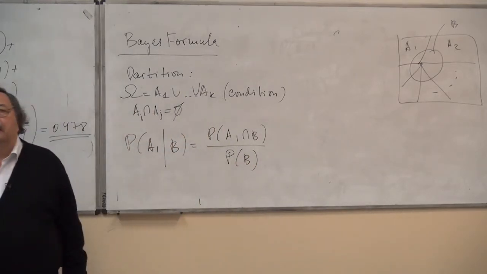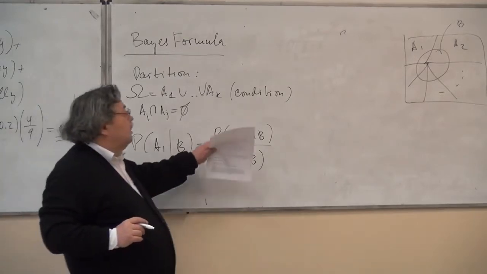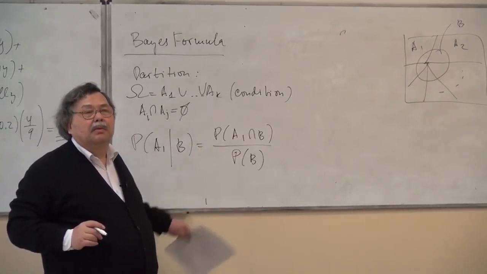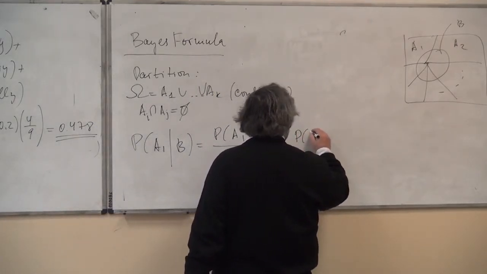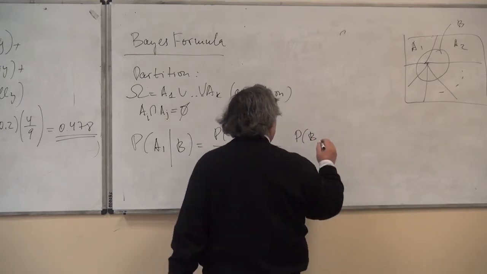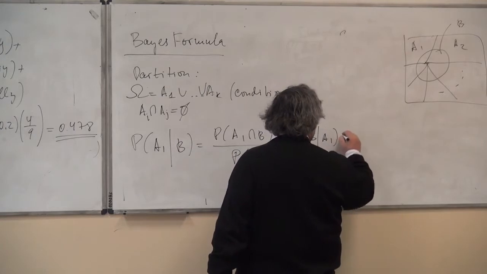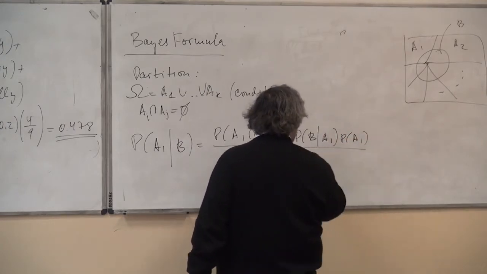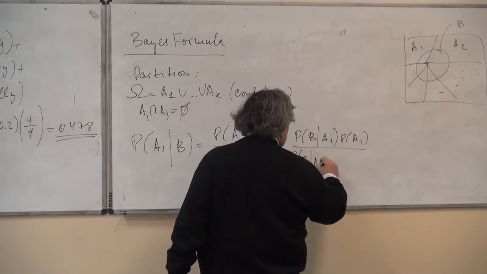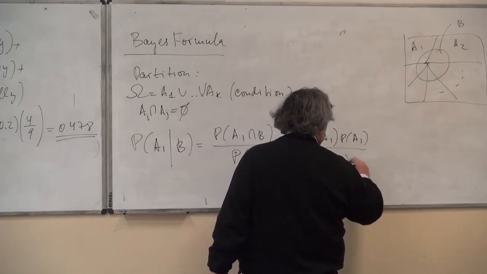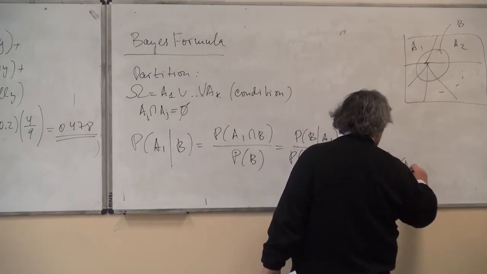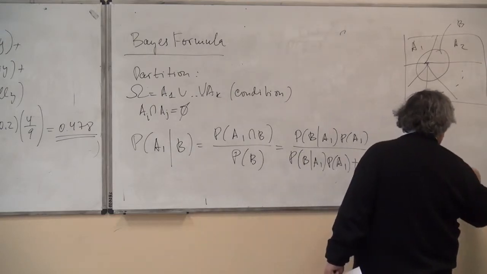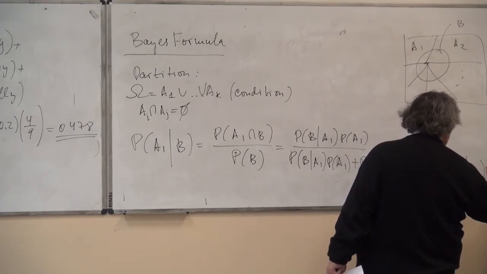Also, we can apply the product rule in the numerator and the total probability formula in the denominator, which gives us this: probability of B given A1, probability of A1, divided by probability of B given A1, P of A1, plus probability of B given A2, P of A2, plus and so on up to probability of B given AK, probability of AK.